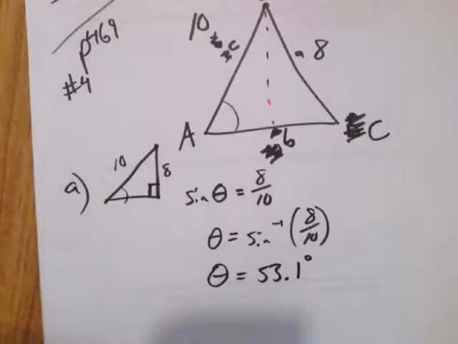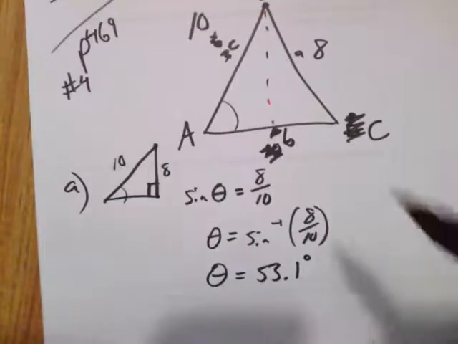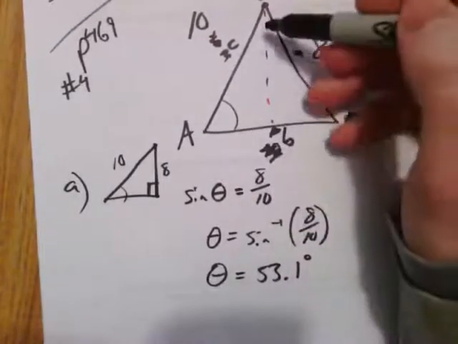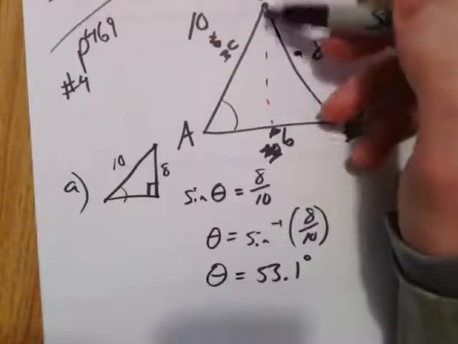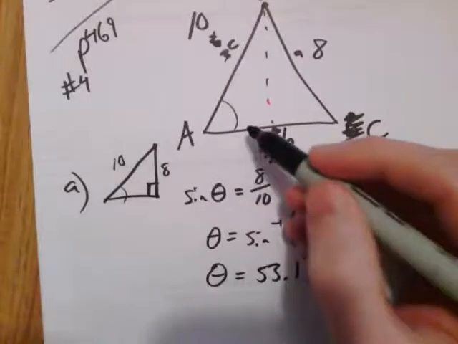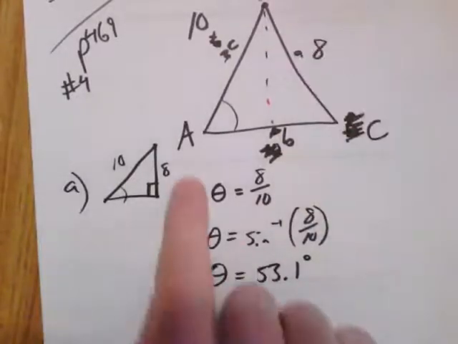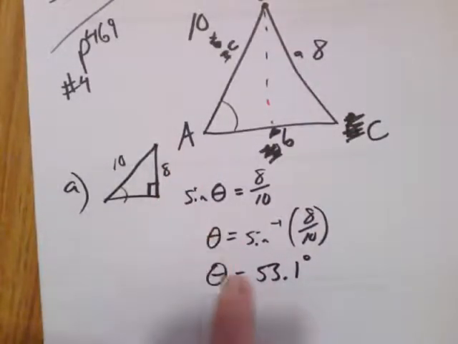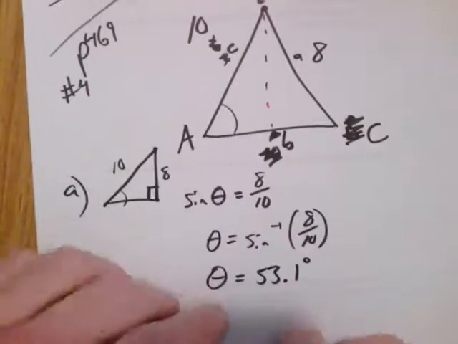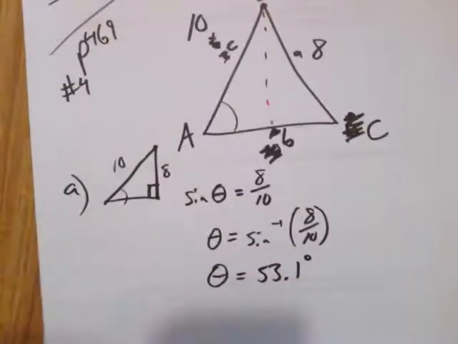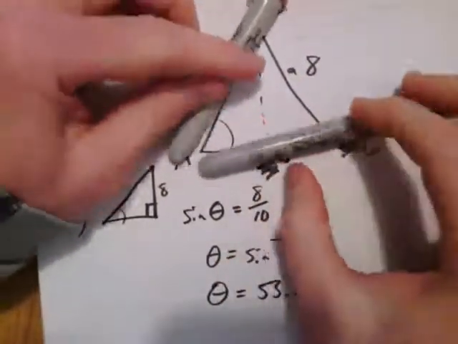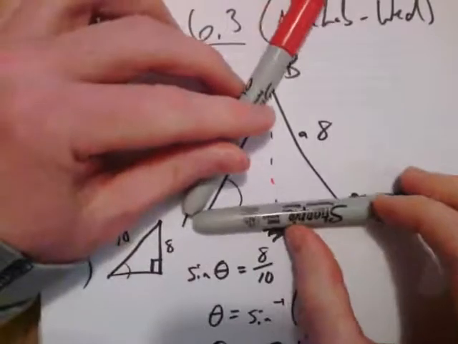The question says to the nearest degree, determine possible measures of theta for each situation. If angle A is 53 degrees, this side is 8. For there to be no possible triangles, which is what part A is asking, angle A must be greater than 53 degrees.